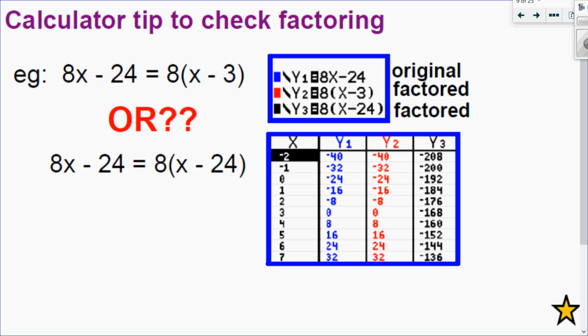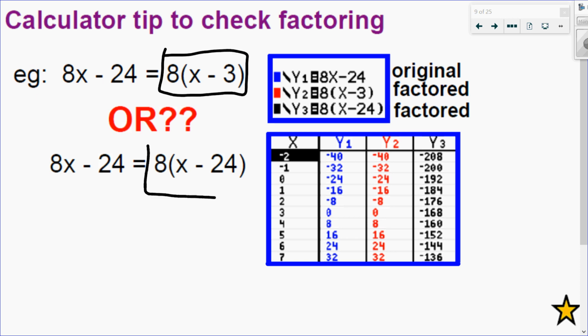Now, I'm a big fan of the check on the graphing calculator. So if I ever want to check to see how something factors, let's say I factored it like this and my friend factored it like this, and I want to know who is right. Well, you can use your graphing calculator to help you. So in the y equals part of your calculator, you put the original question, which is 8x minus 24, in y1. Then you put the two ones that you're trying to check to see which one's right in y2 and y3.